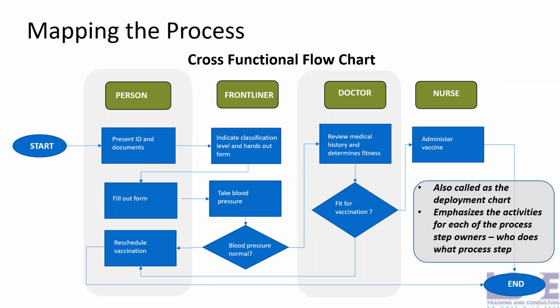Okay. So normally this kind of process map, the cross-functional flowchart, or it is also called the deployment chart, is used for a process where there are different handoffs. Okay, so there are more than 2 persons who are involved in the process.